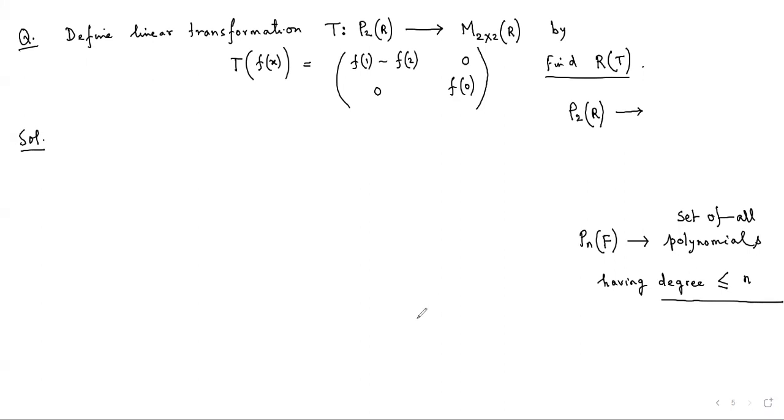You are saying it is a polynomial of degree n only. No, it is not a polynomial of degree n. It is a polynomial of degree less than or equal to n.